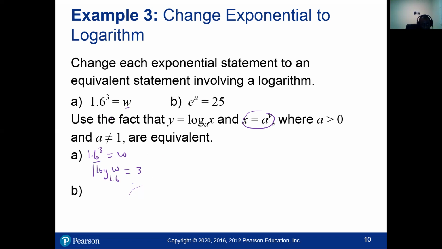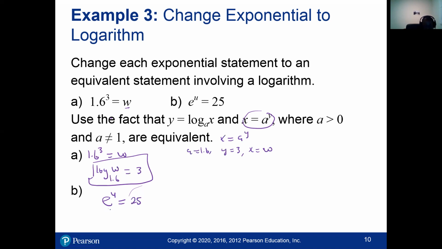For B, x is equal to a raised to y. Like I said, your a is the 1.6, your y is the 3, and your x is the W in this case. Then we have e raised to u is equal to 25.